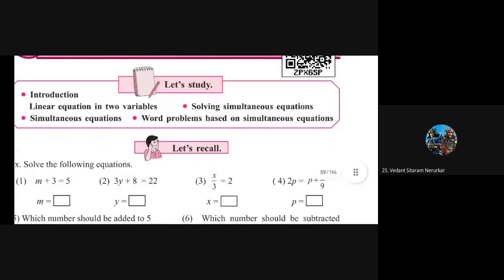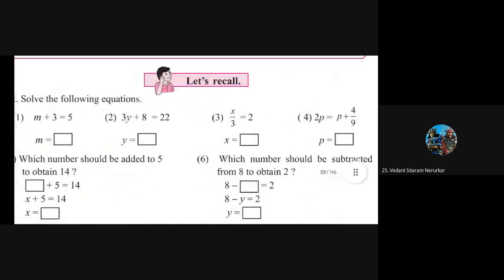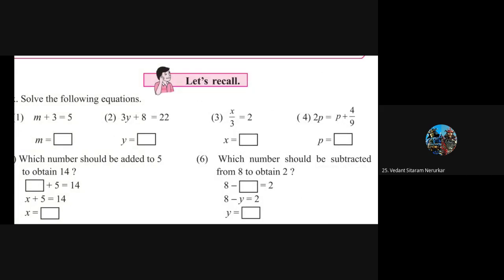So if you see these examples like m plus 3, or 3y plus 8 is equal to 22, or x by 3 is equal to 2, or any other example on this screen right now. All these are equations in one variable, because there is only one unknown value, right?